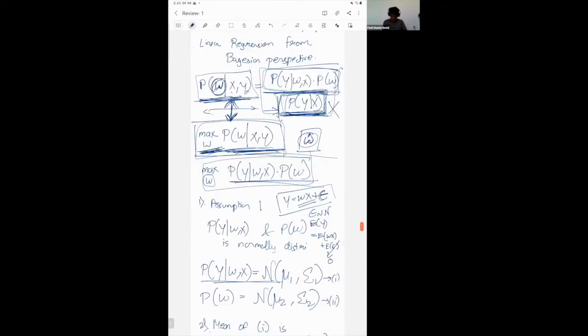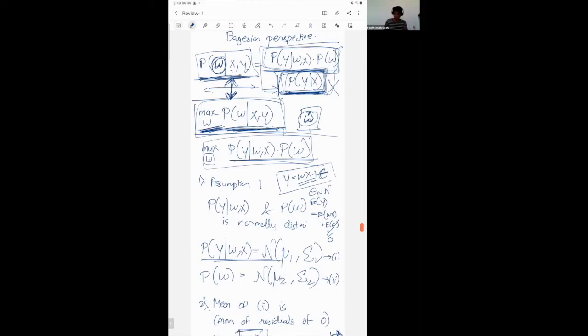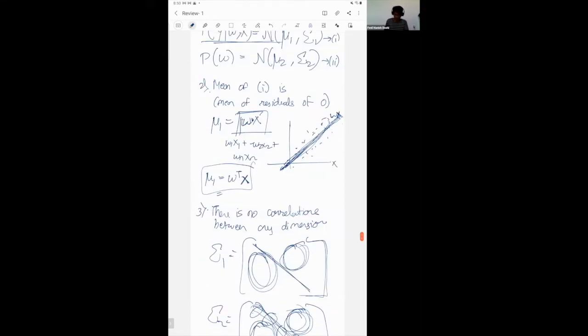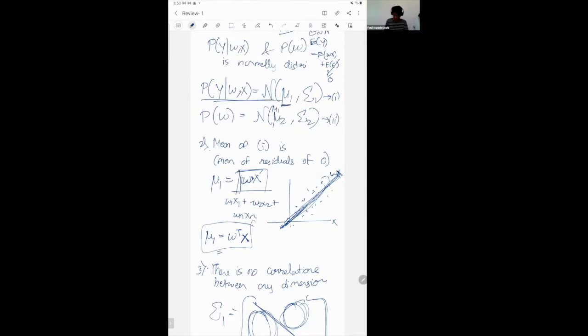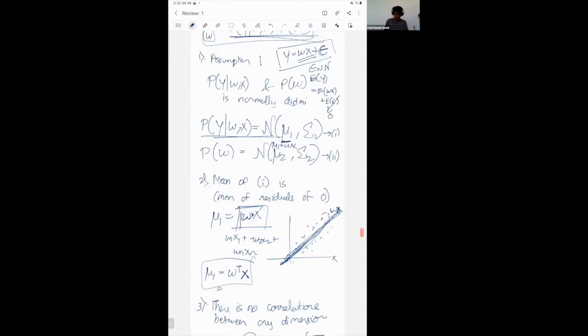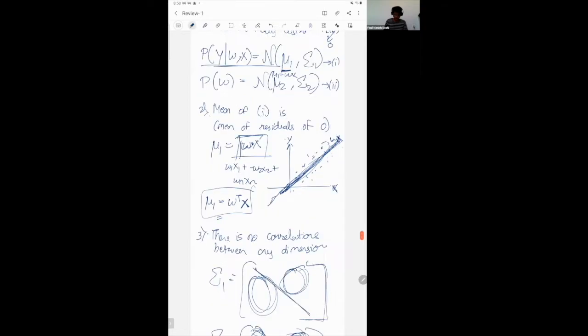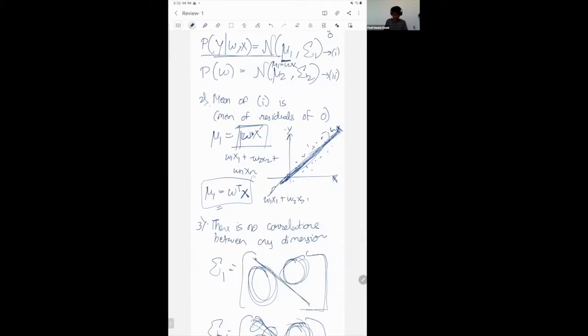And we have made this prediction that the mean is W transpose X. This is a prediction saying that since we wanted to do linear regression, y is centered around this linear line, and this is x, and this is y.